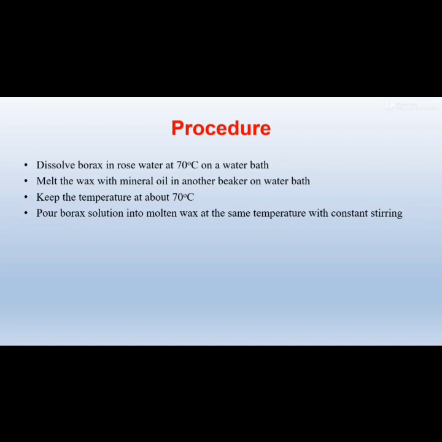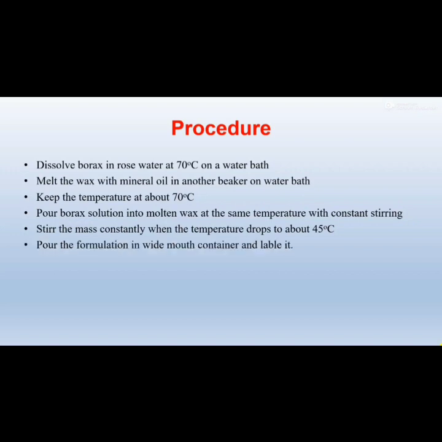At 70 degrees Celsius, we will mix both the ingredients, that is borax in water and the wax. Then stir the mass constantly when the temperature drops to about 45 degrees Celsius. Pour the formulation in a wide mouth container and label it.